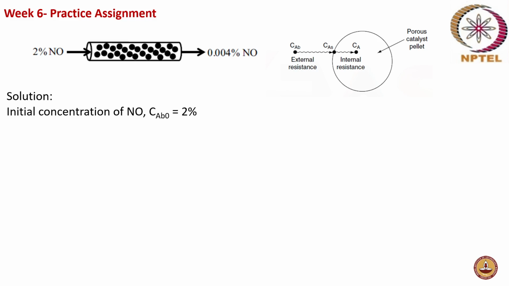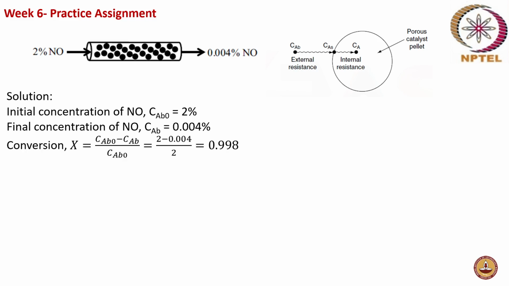So the initial concentration of nitric oxide CAB naught is equal to 2%, and the final concentration of nitric oxide CAB is 0.004%. Now we can calculate the conversion.